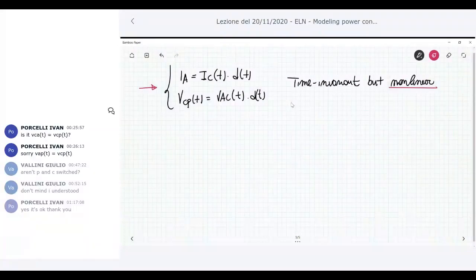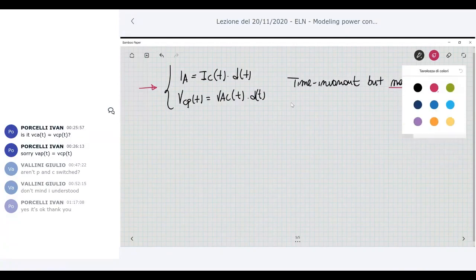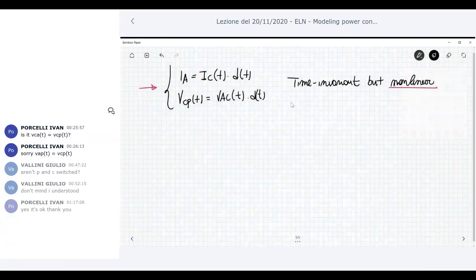Anyway, at this point, we can recognize that these two equations, one for the current and the other one for the voltage, can be represented in a circuit way. Okay, I can use circuits to model these two equations. Which kind of model?